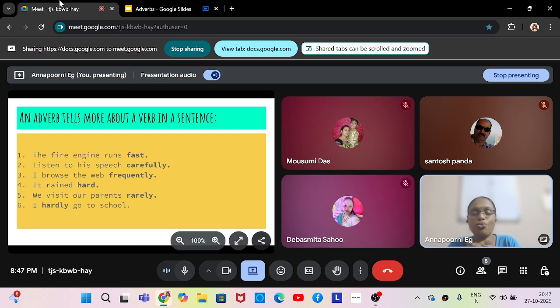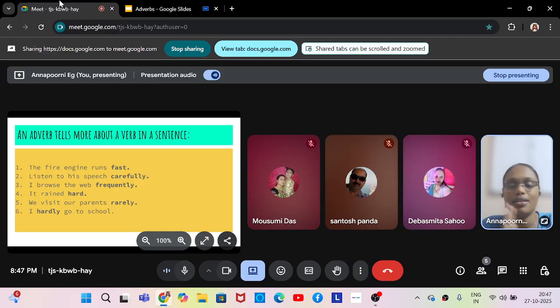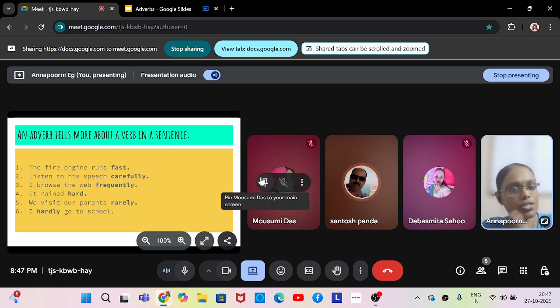So how will I know whether the word hard is an adjective or an adverb in a sentence? In some sentences it is an adjective, in some it is an adverb. Are you getting my question? कुछ sentences में hard एक adjective है और कुछ sentences में वह एक adverb है. So how will you identify it?